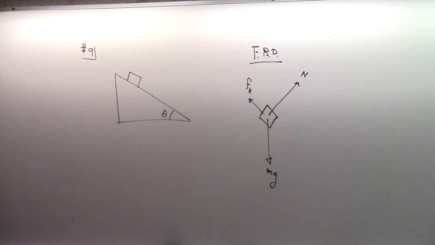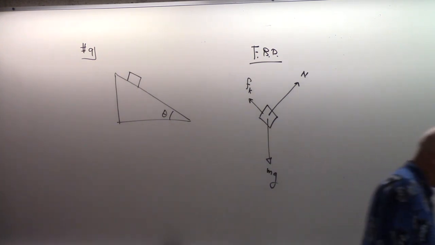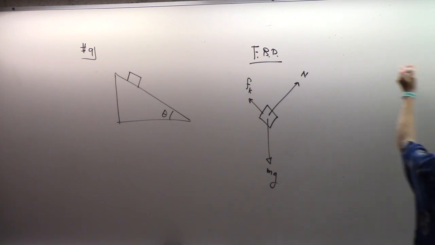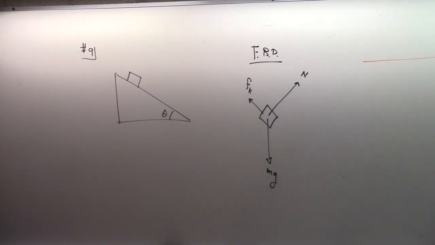So that's where our problem now begins a little bit different than the last one. Now, I would say I'm done with step 2. I've got the free body diagram, and I'm ready to head over here, and I'll do orange again, and say step 3, let's write out the equations.